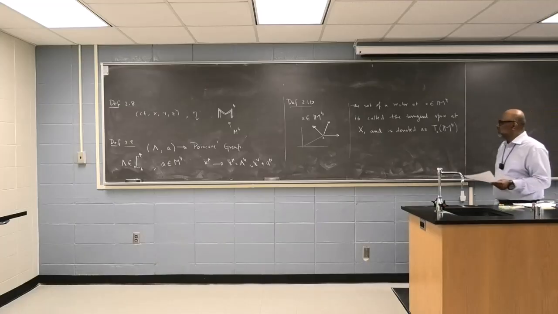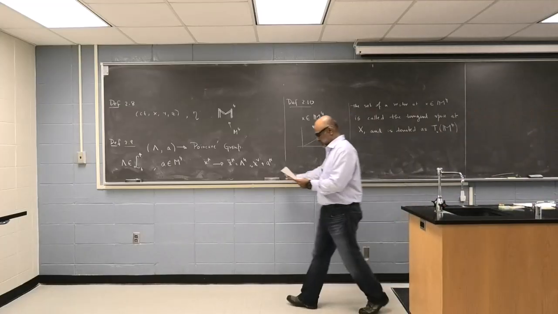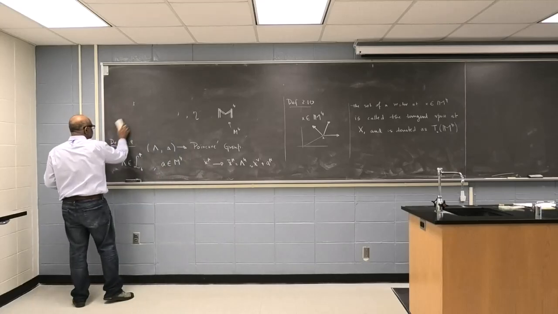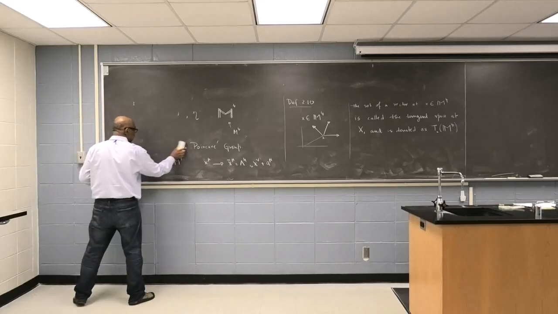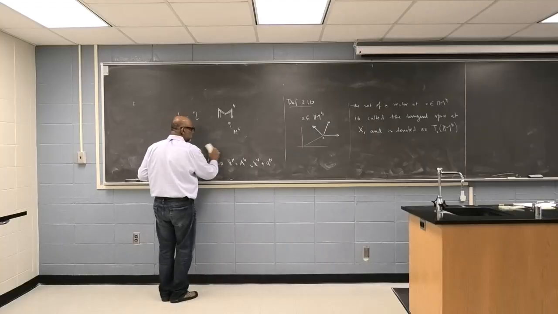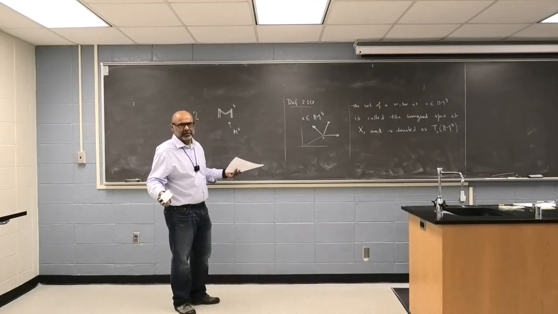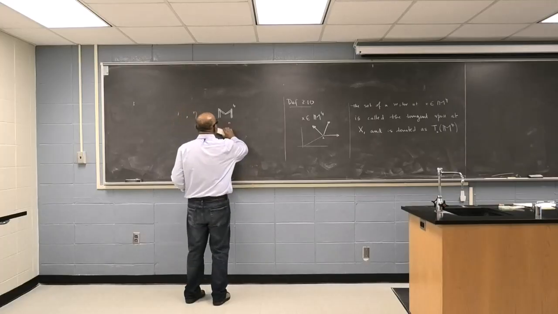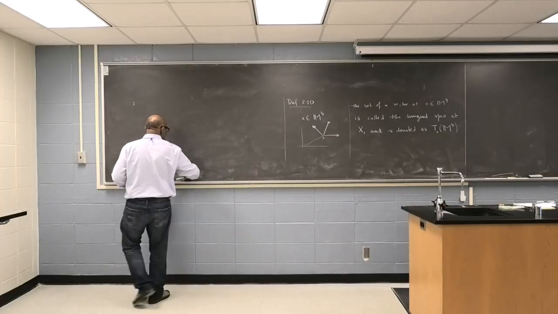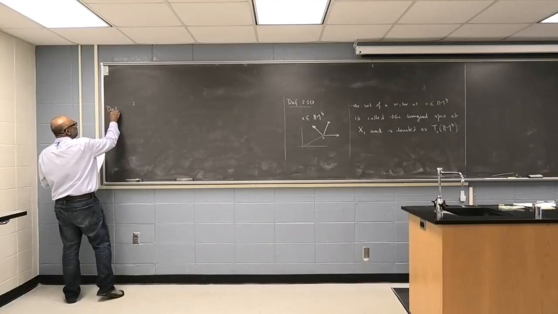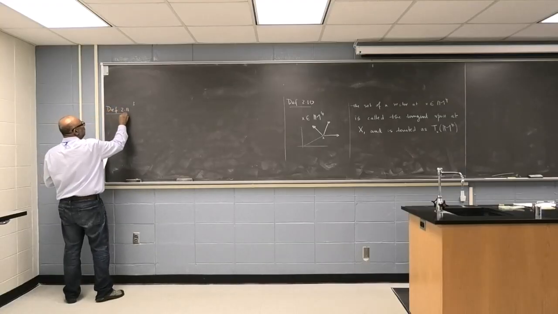Just a definition. Next, I want to define a vector field. What do you think a vector field is? At every point it is a vector. I just want to clarify because we'll be using these things. Definition 2.11.